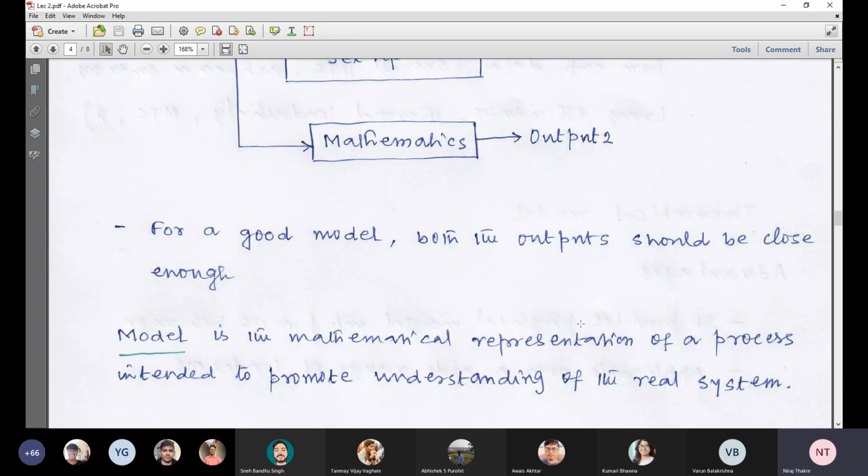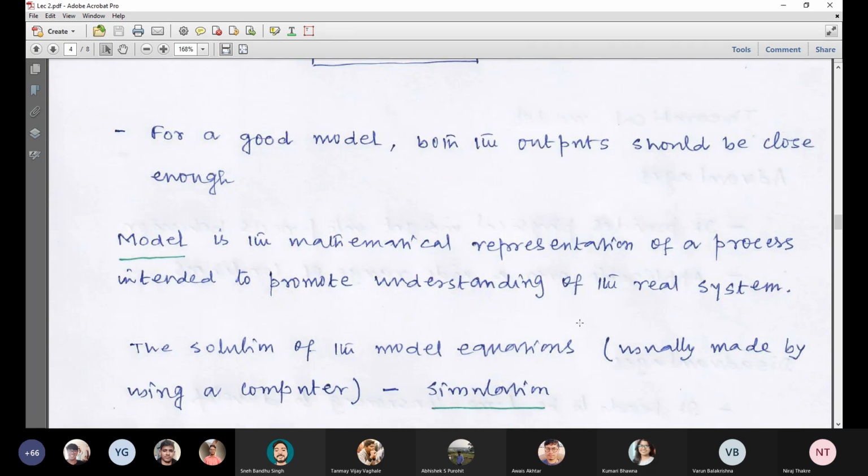That is simulation. Okay. So modeling and simulation, these two terms are clear to us.